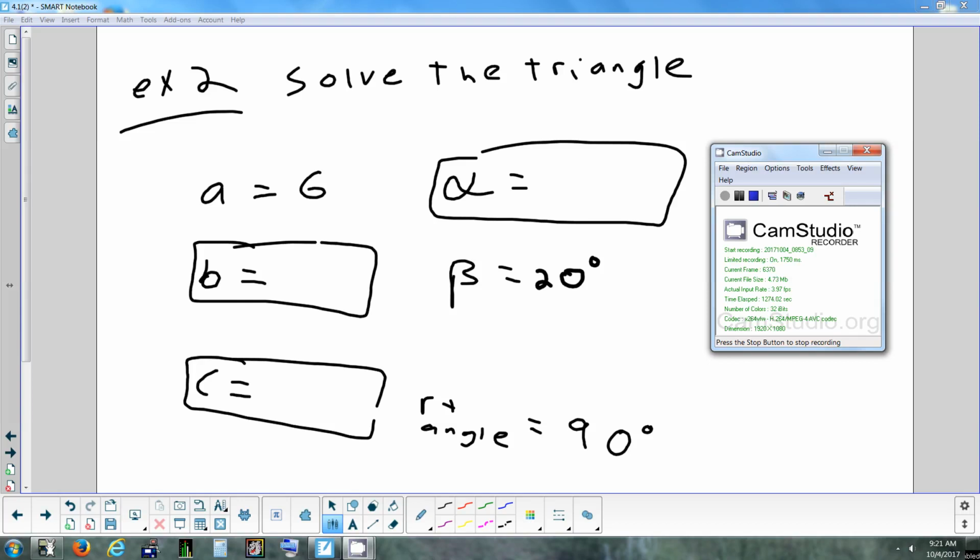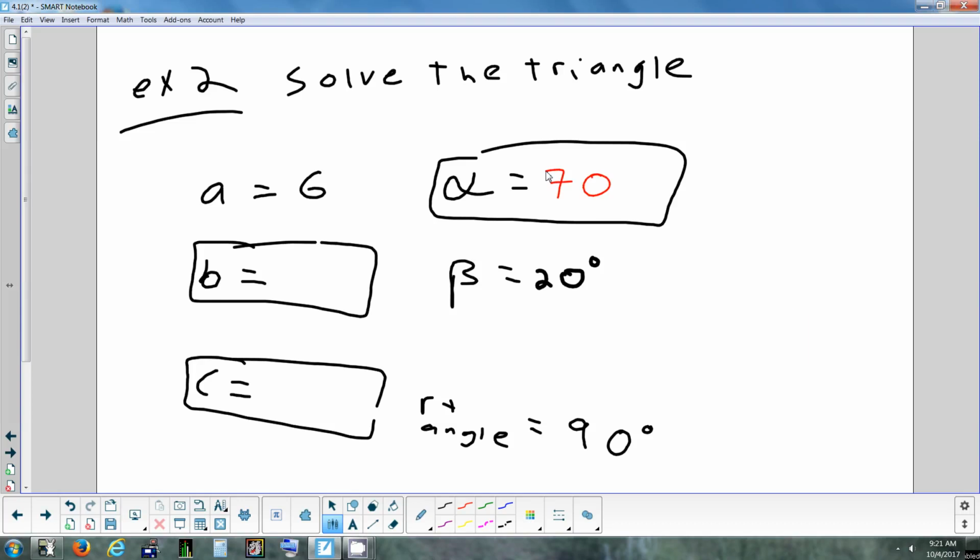How do you know that? All the angles in a triangle have to add up to 180. So in order for that to happen, alpha has to be 70. Now Paige, am I going to use that 70 to find anything else? Nope, I'm going to forget about it. I'm not going to use that for the rest of the problem.